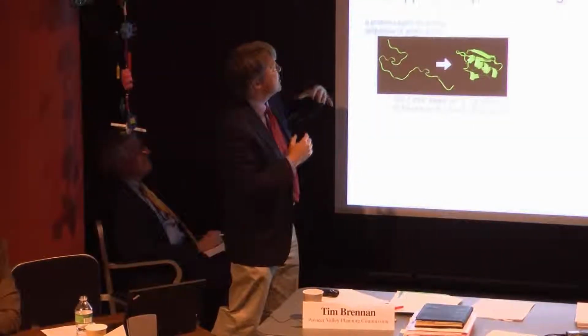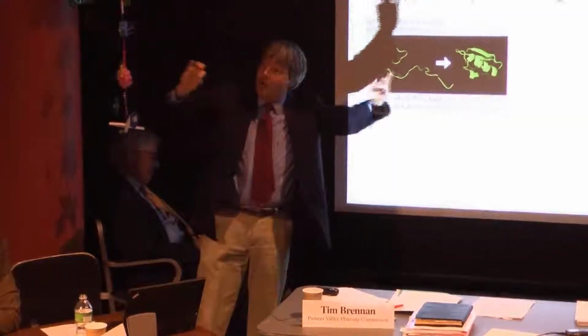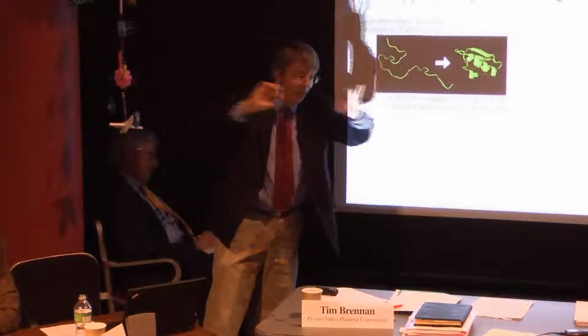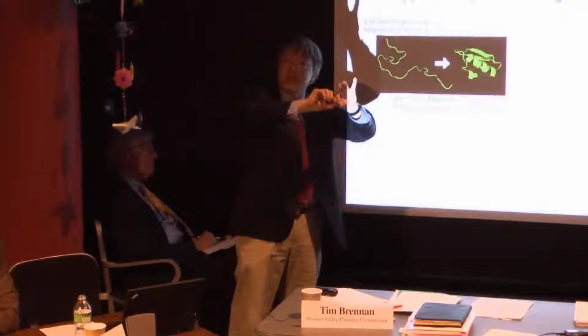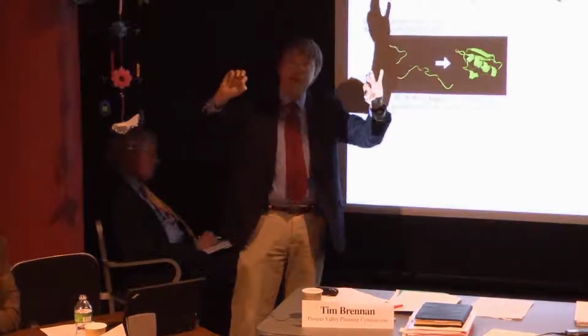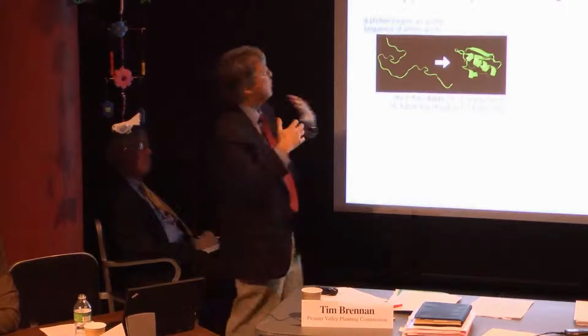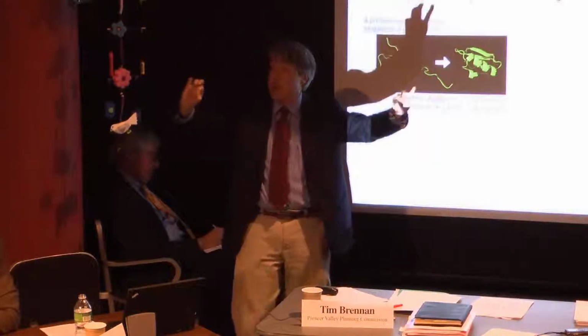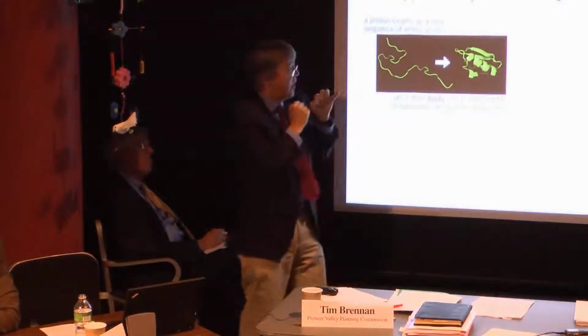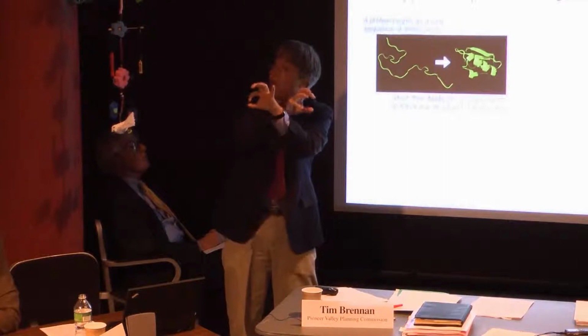A protein begins in a cell as a long sequence of amino acids. Think of it as one big string when it's created. Now before that protein can do anything useful in your body, it does what's called folding. So think of a spring, for instance, you stretch out, and then all of a sudden you let it go, and it coils and goes into some form, and then when it's in that form, it can do useful things.